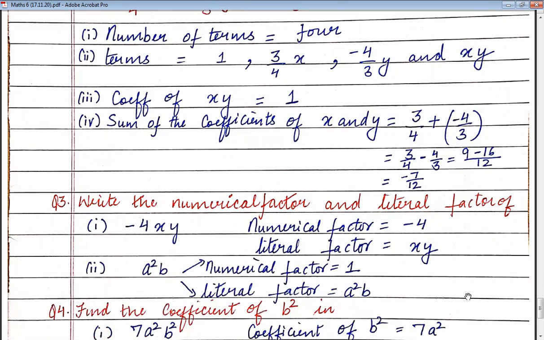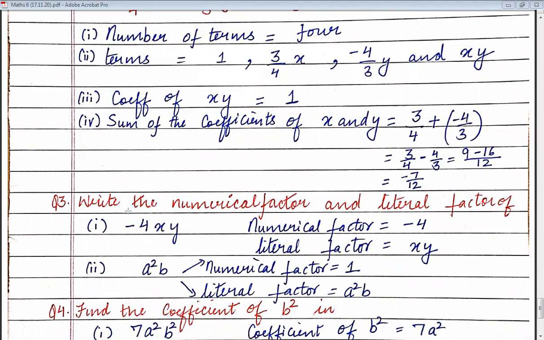Now children, let us discuss question number 3, that is, write the numerical factor and literal factor. Students, I guess you are clear with the numerical and literal factor. Numerical coefficient or literal coefficient.